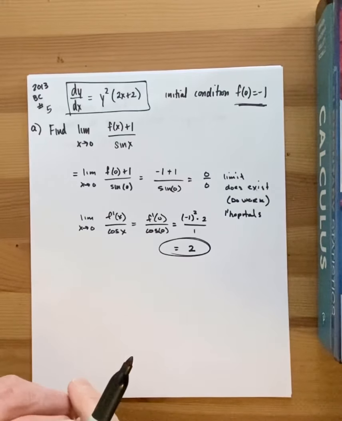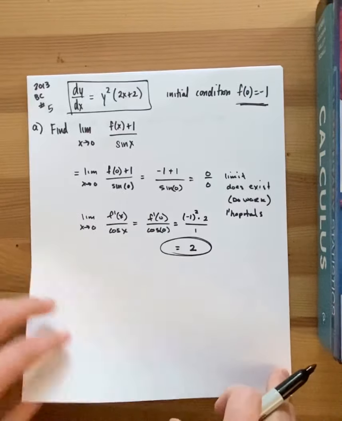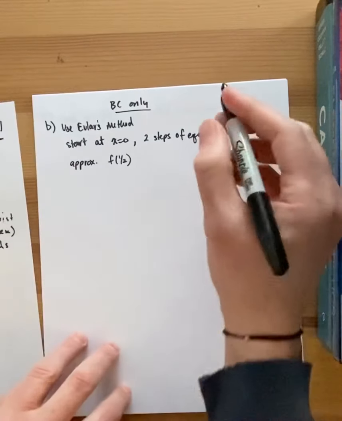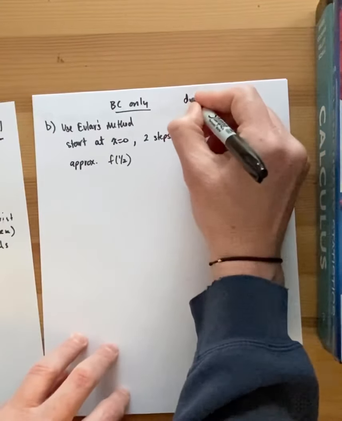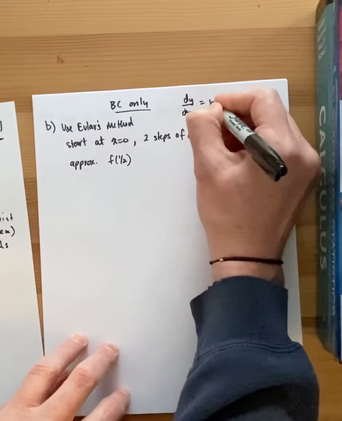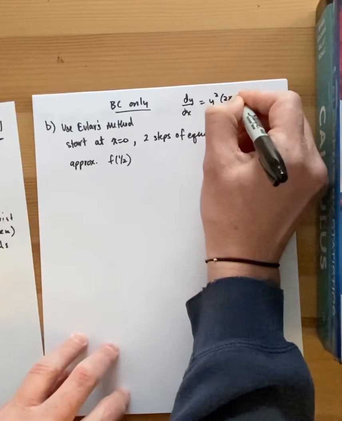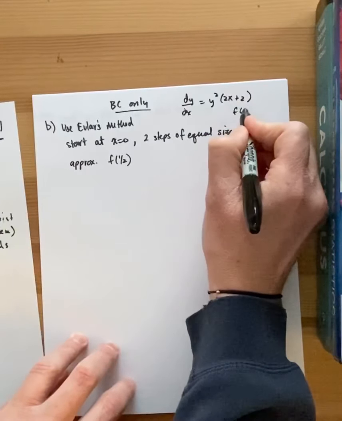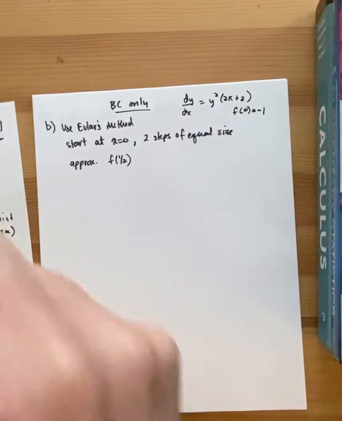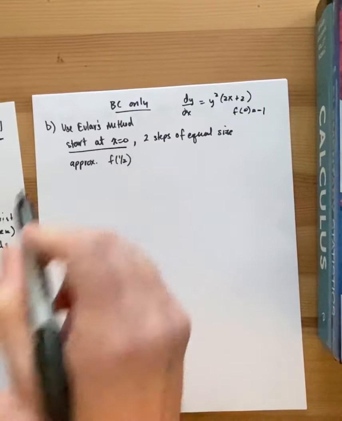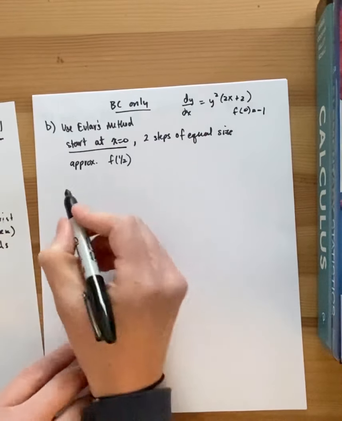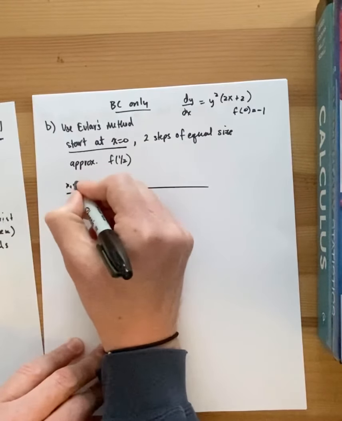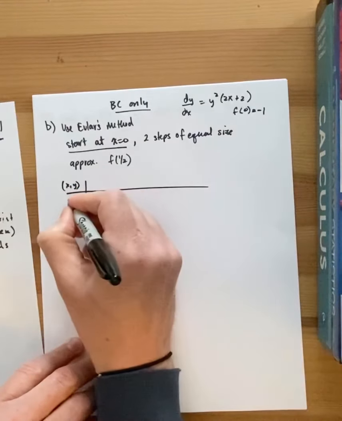All right, the next part, we're going to do Euler's method. I still want to use the function that we have. Rewrite it. And we're going to still use that point f of 0 equals -1. So when we're starting at 0, let's set up our chart.